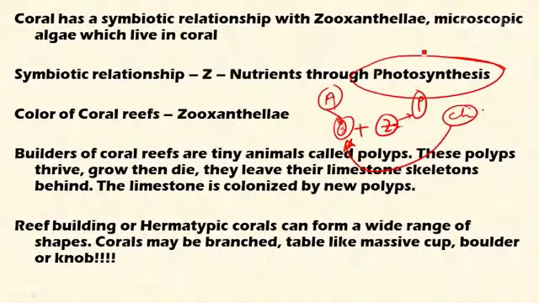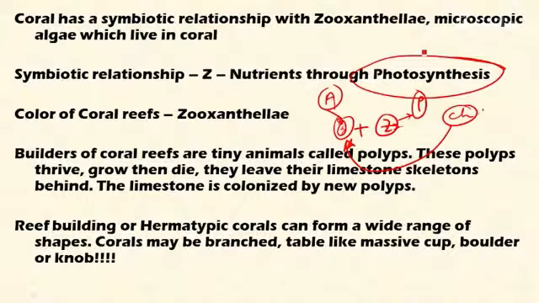So there is a symbiotic relationship between these two organisms, and together they build the coral reefs. The color of the coral reefs is due to the zooxanthellae, the microscopic algae. They have pigments, and these pigments impart color to the coral reefs, not the coral polyps.